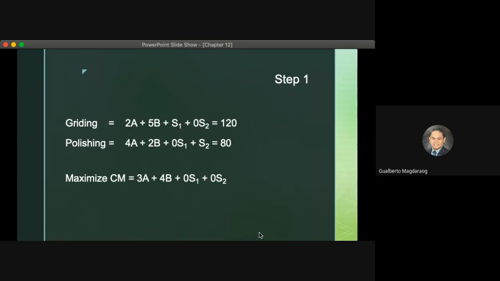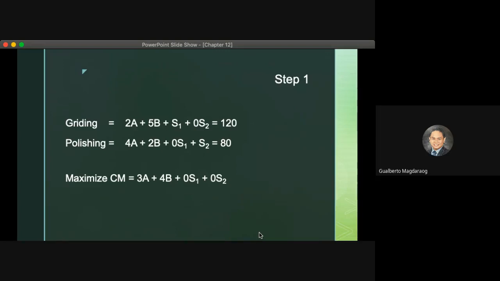This represents the number of units that we will be looking for in case we do not produce A and we do not produce B. So how many hours are available?